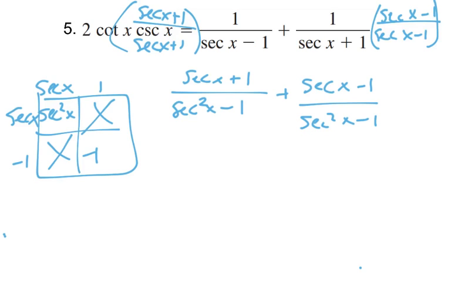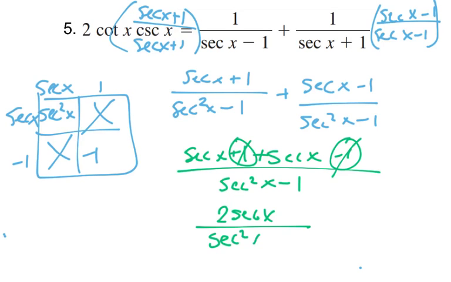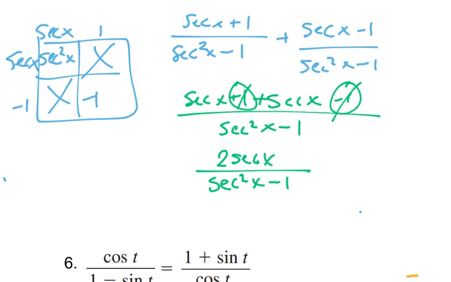Alright. So then if we put it all in one fraction, because now they have the same denominator, I have secant x plus 1 plus secant x minus 1, and so my plus 1 and my minus 1 will cancel, and so I actually have 2 secants of x on top and secant squared of x minus 1 on bottom. And of course our Pythagorean identity tells us that secant squared of x minus 1 actually equals tangent squared.